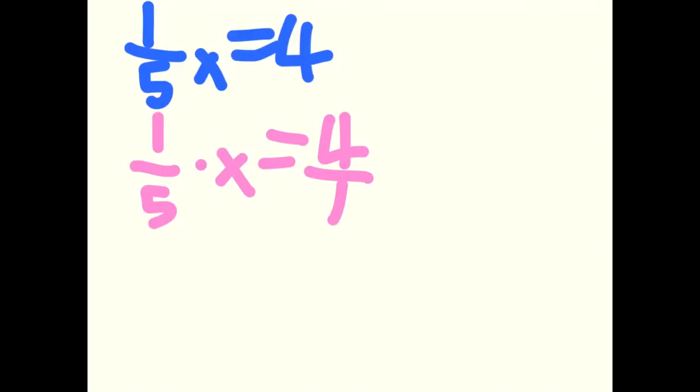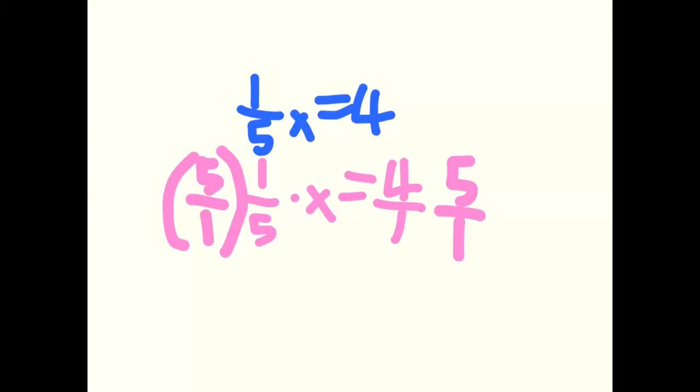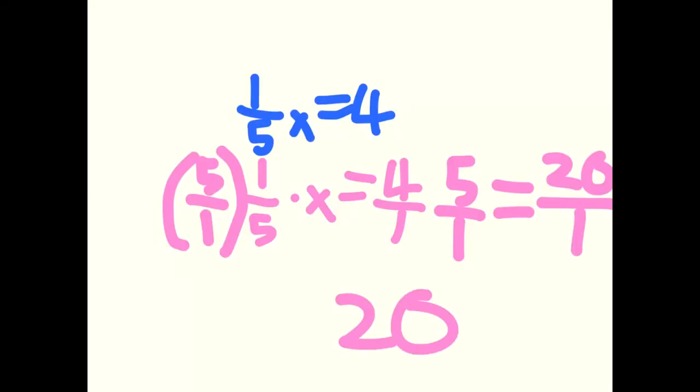So what we do is to isolate the variable right over here, we're going to multiply by its reciprocal, so 5 over 1, or just 5. So times 5 over 1 equals 20 over 1 equals 20.